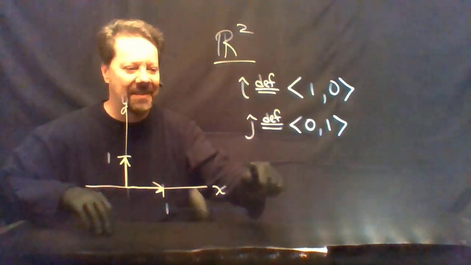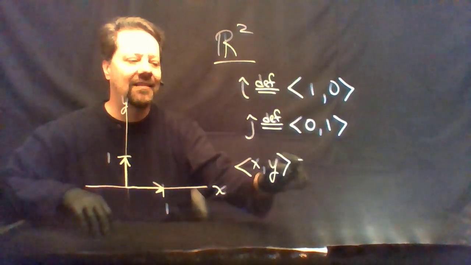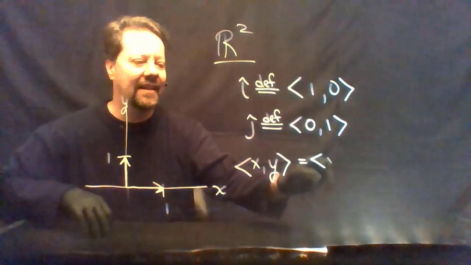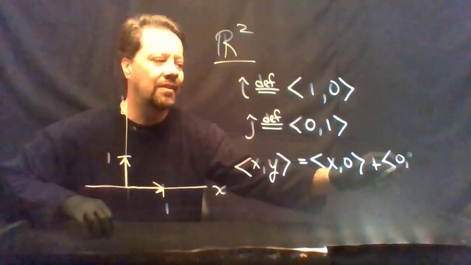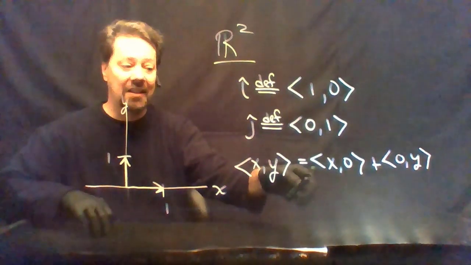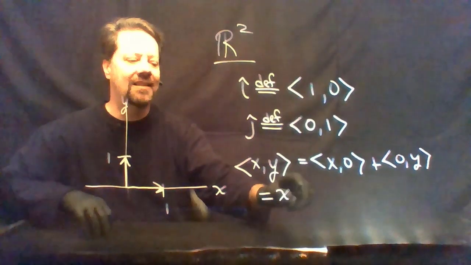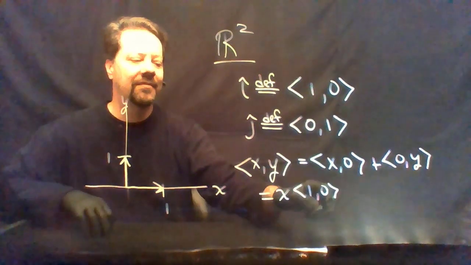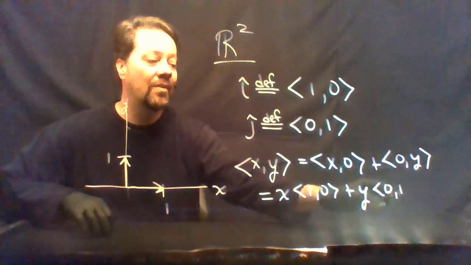Now I want you to see something. If I have a vector <x, y>, I can definitely rewrite that as the vector <x, 0> plus <0, y>. Now, by scalar multiplication, I can rewrite this sum as x times the vector <1, 0> and y times the vector <0, 1>.